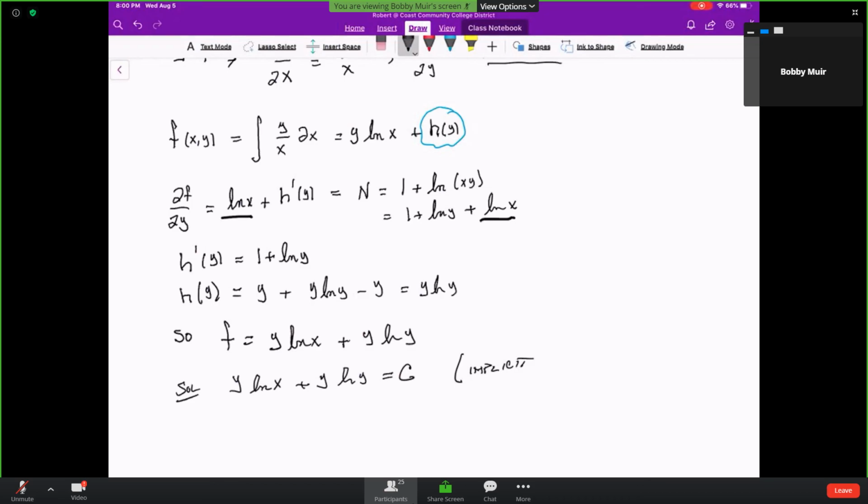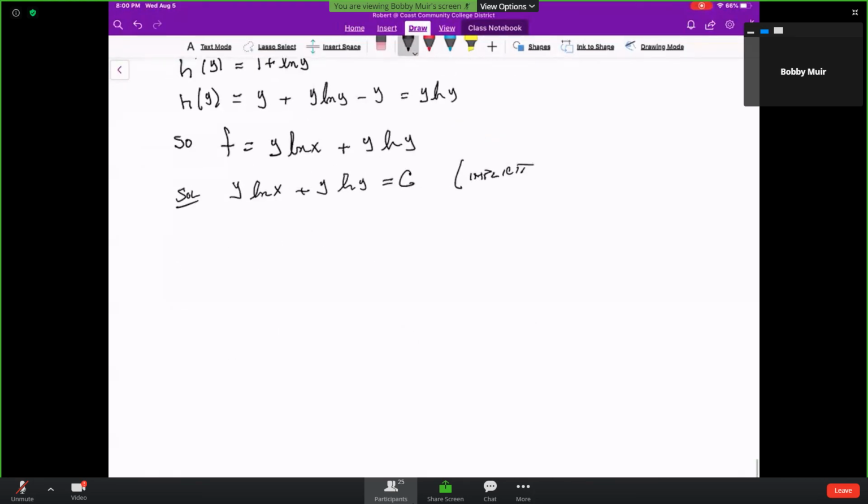So just to give you a little bit more of a justification of this, okay? So f of x y equals c is the implicit solution. Okay, so we have our exact differential equation.